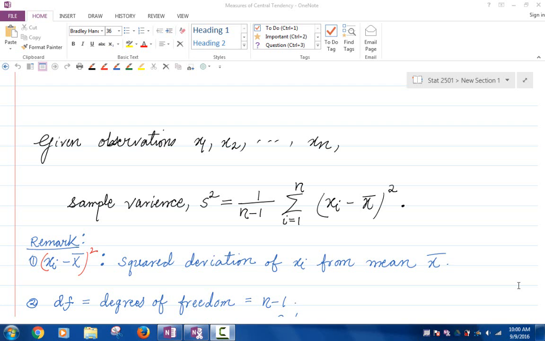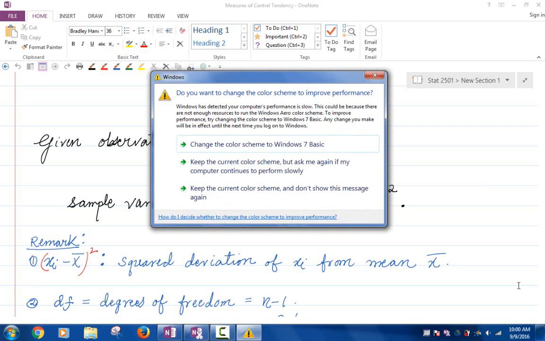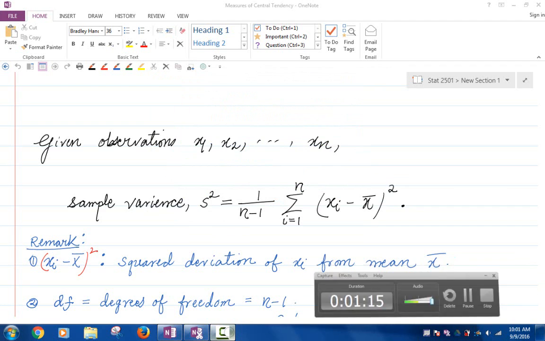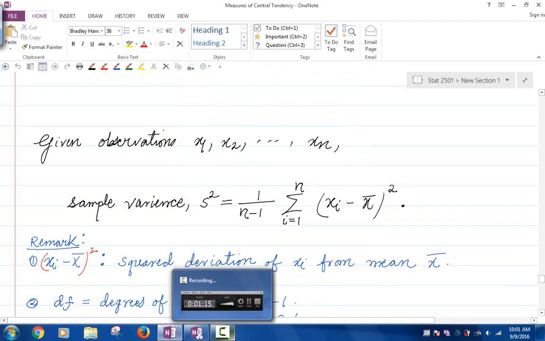All right, so last time we ended at the definition of the sample variance.